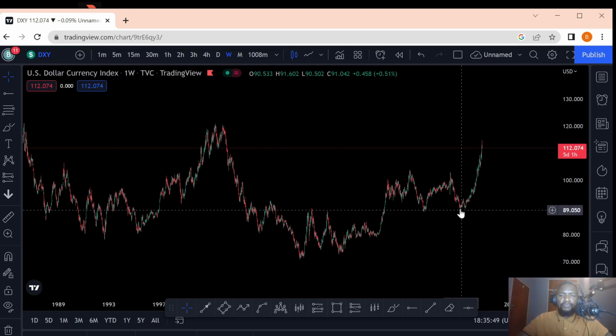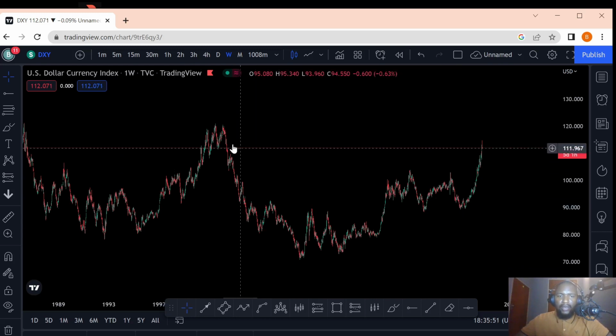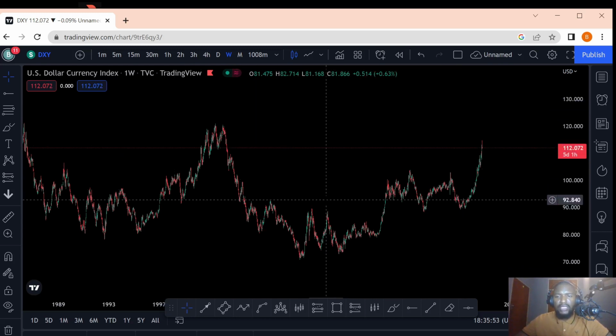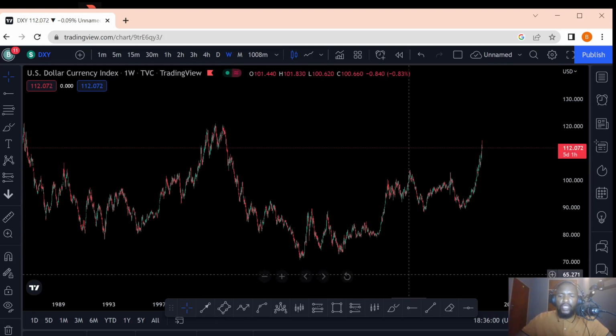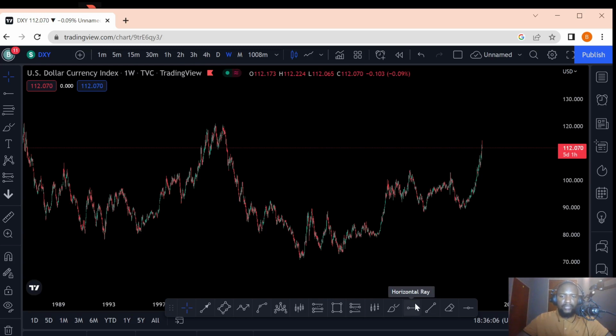So now, as you can see right here, we have the DXY. We need to see what happens when the DXY goes down or goes up. We need to see what happened previously and what to expect in the next current move.